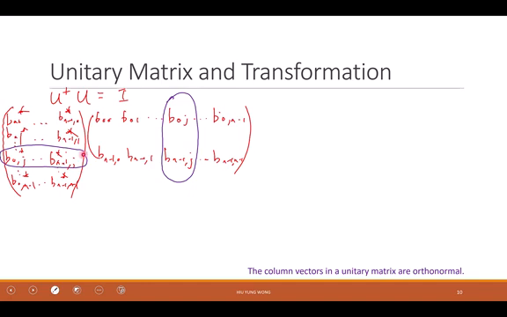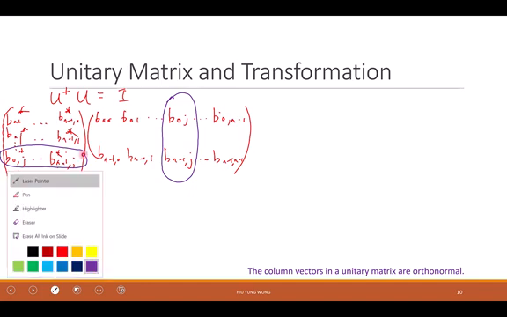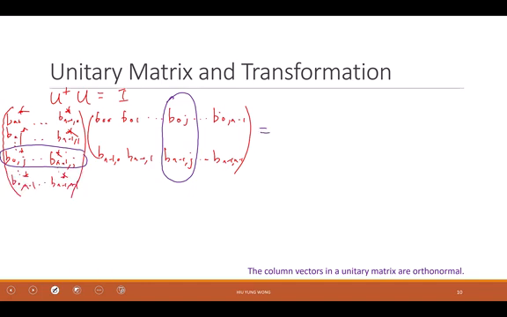Now, this whole thing equals what? I. It equals I. What is I? 1, 0, 0, 1, 1. The rest are just 0. Right? That is the meaning of I. Correct?